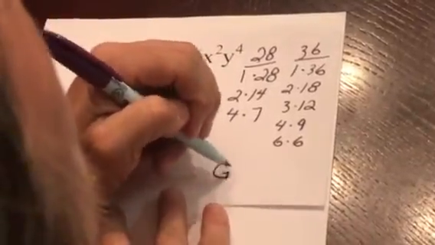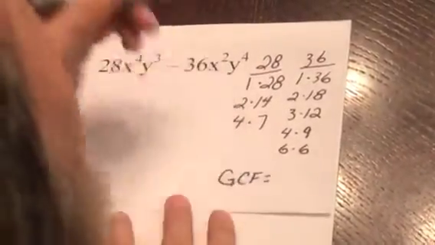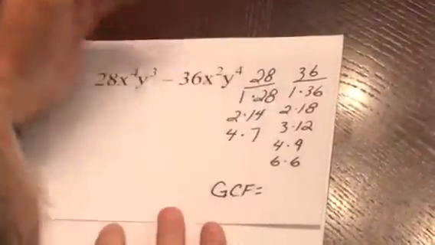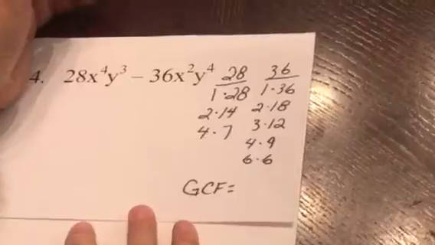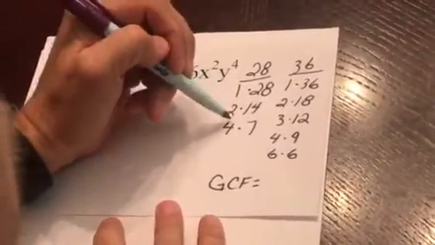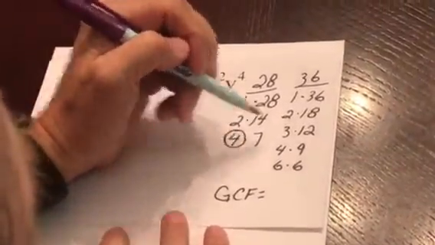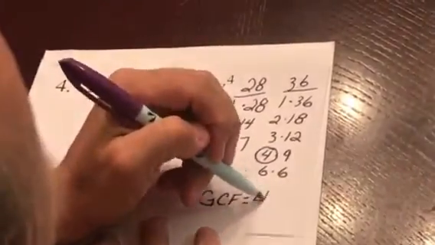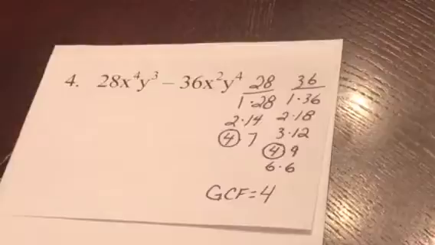And this is starting my GCF. So when I compare the two lists, the biggest number I see they have in common looks like it's going to be this 4 right here. 4 and 4. So 4 is my GCF number.